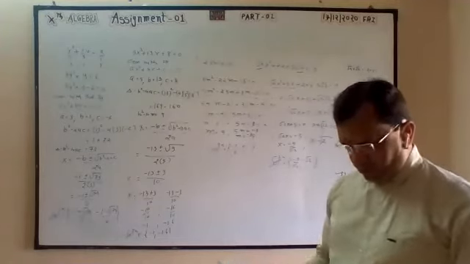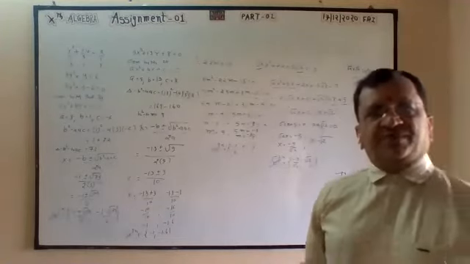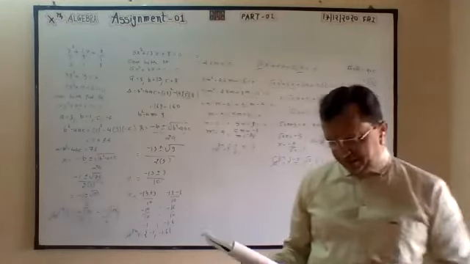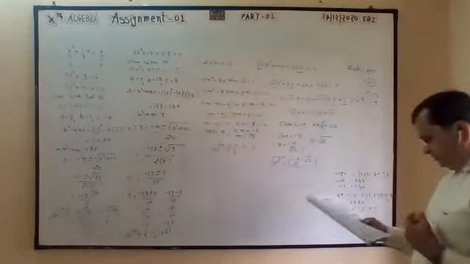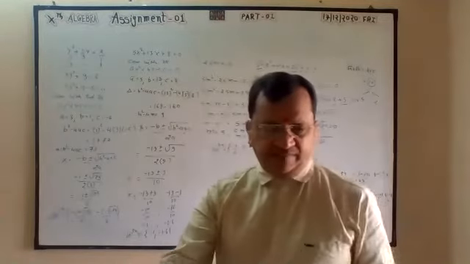From the sum and product, how to form the equation, that part is cancelled. So directly we will find the discriminant value.